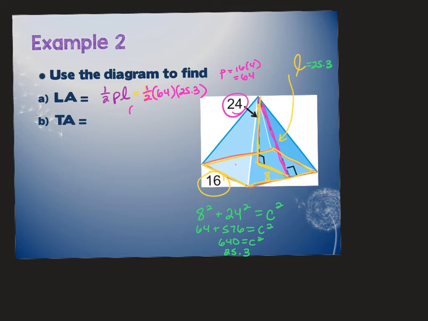And then I'm going to let the calculator do that work. 0.5 times 64 times 25.3, which is 809.6. I actually think your homework says to round that to the nearest whole number, which would be 810. There's no unit on it, so it'd just be units squared.